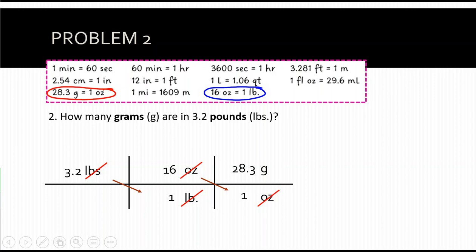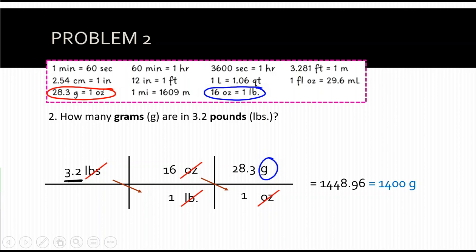You'll see the ounces cancel, and ultimately we are left with grams, which is what we want. Then you just multiply everything on the top, and divide by the ones on the bottom, and you get the calculator answer of 1448, but because there's only 2 significant digits here, we would keep the 1, we would keep the 4, and then the other 2 become filler zeros.